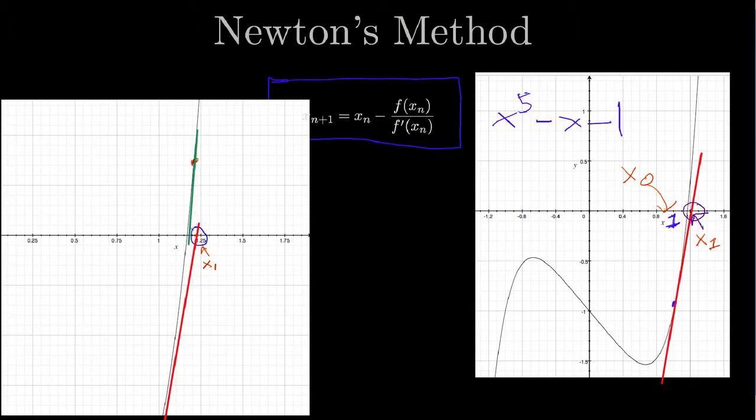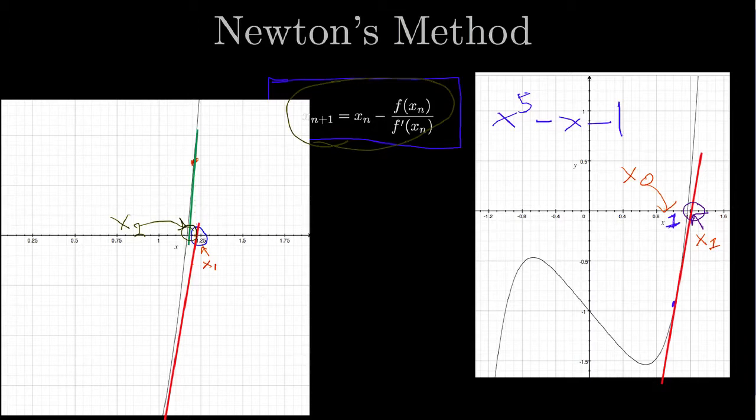And this time, this value right there is going to be your x sub 2. And notice how x sub 2 is much closer than x sub 1 to your actual root. And so that's the process, and this is the formula that gives you each iteration every time.